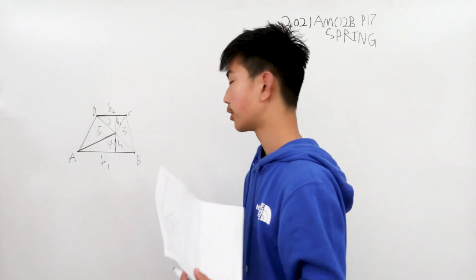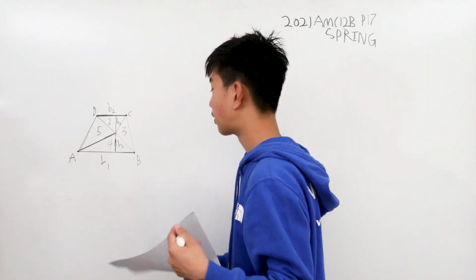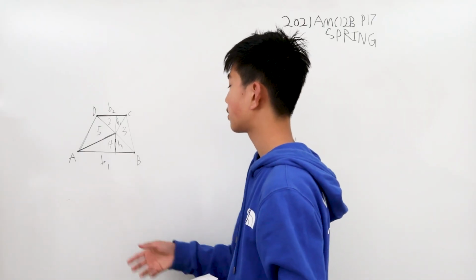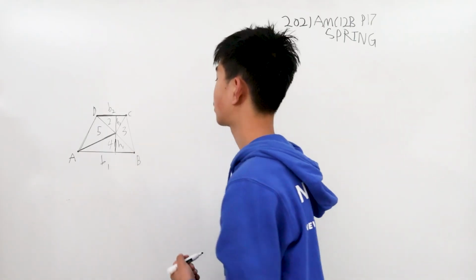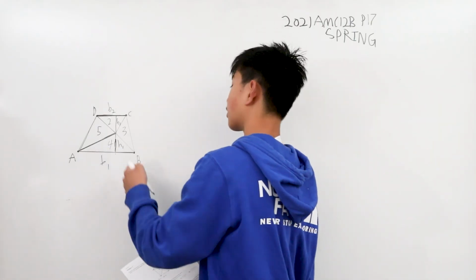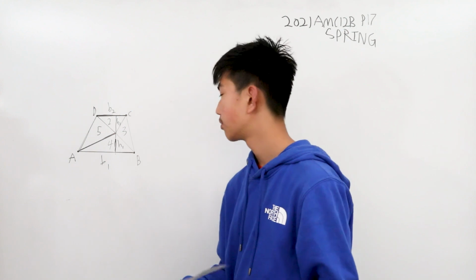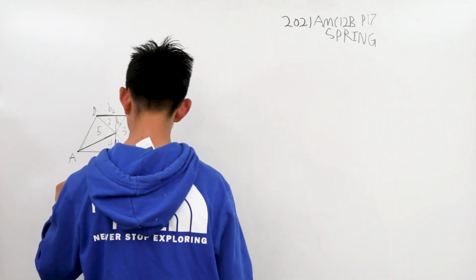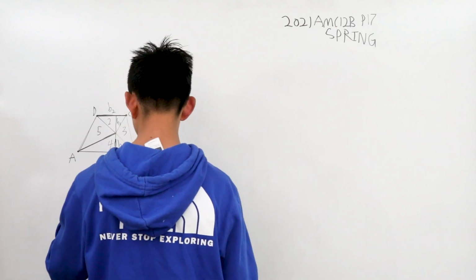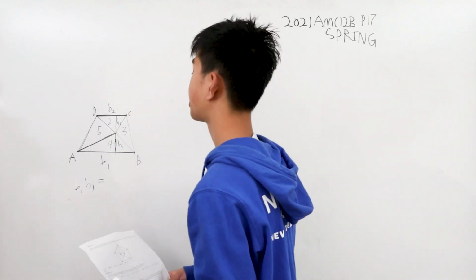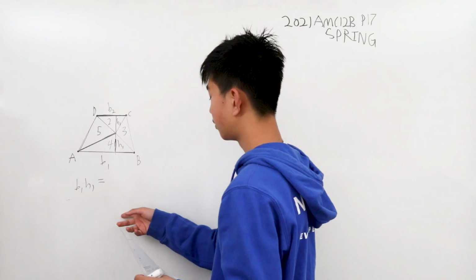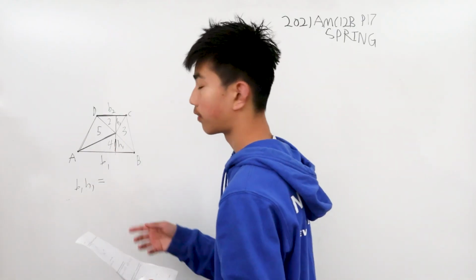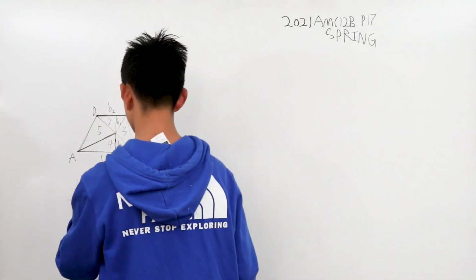Since these are triangles, we can multiply B1 and H1, and since we know their areas, we can equate them. If you multiply just B1 and H1, we don't want any other numbers, so instead of dividing by 2 to equate it to 4, we multiply the 2 over to the 4 to get 8.